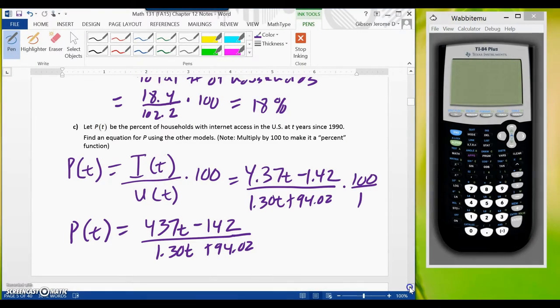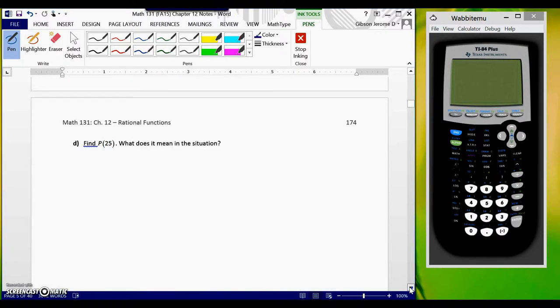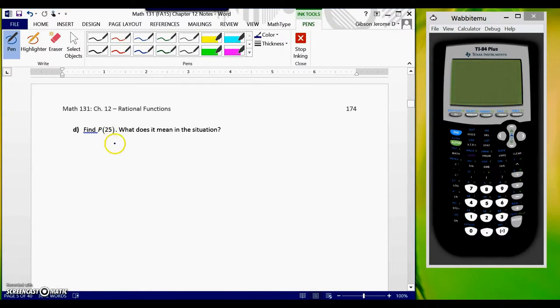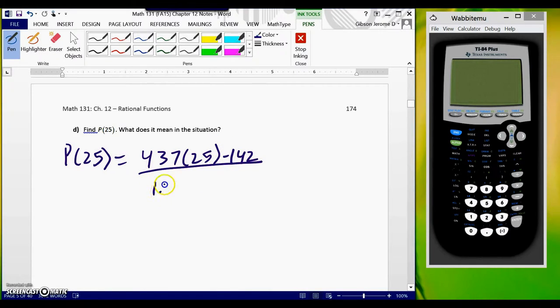So now we scroll down. It says find P of 25. What does it mean in this situation? So we would take what we had in C and we'll substitute in 25 wherever t is. So we have 437 times 25 minus 142 all over 1.30 times 25 plus 94.02.